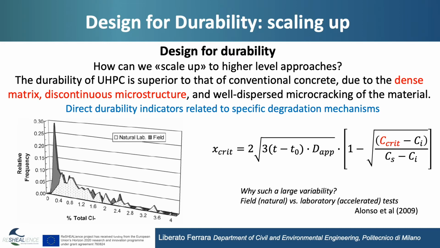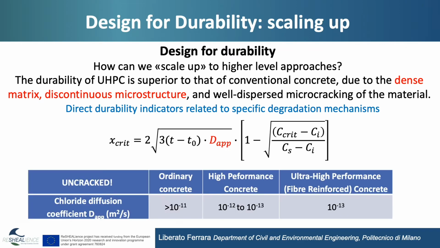It also depends on the apparent diffusion coefficient of the concrete. In the literature, there is a relatively broad agreement that values higher than 10 to the minus 11 are related to ordinary concrete, 10 to the minus 12 to 10 to the minus 13 are for high performance concrete, and for ultra high performance fiber reinforced concrete, we go to 10 to the minus 13.